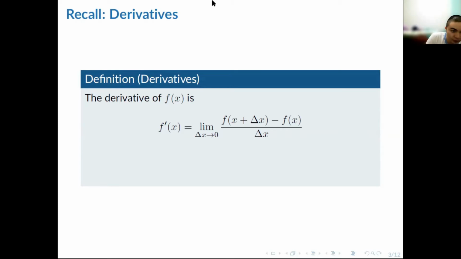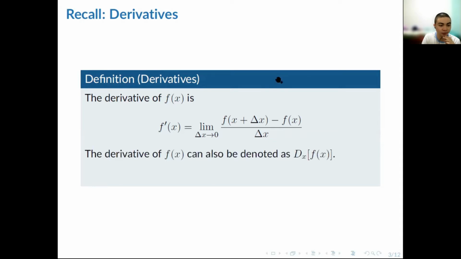So basically, if you're going to find the derivative of a function, you're finding the slope of its tangent line. So the derivative of f of x can be also denoted as this, no? d sub x of f of x. Tapos, if y equals f of x, then dy dx equals f prime of x. So these are just other denotations or other ways to write or to denote derivatives.